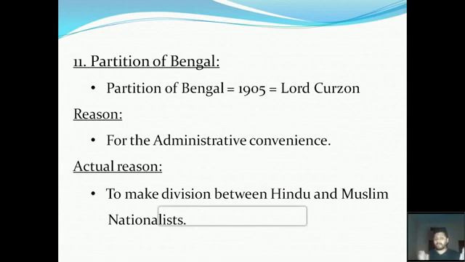We have already seen in the previous class that Bengal was very famous for the unity between Hindus and Muslims. So they were trying to divide the people on the basis of this secular feeling, so that slowly people would lose their leadership and the national movement would come to an end.